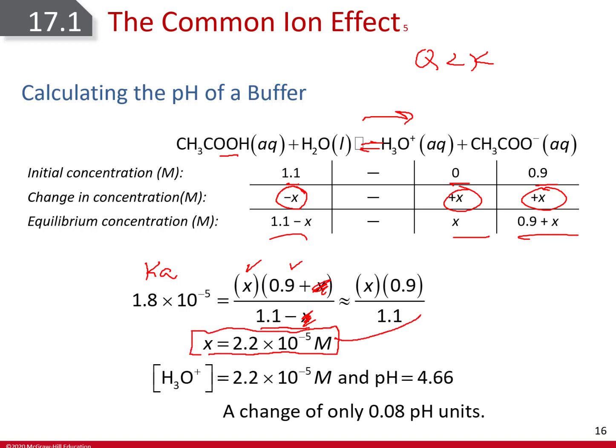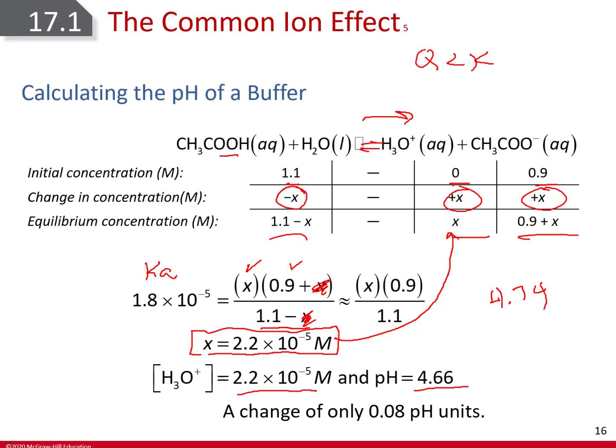Look at our ICE table. We know that that's the hydronium ion concentration. Take the negative log of that, and the pH is 4.66. So without the addition of the hydrochloric acid to our acetic acid buffer, the pH was 4.74.